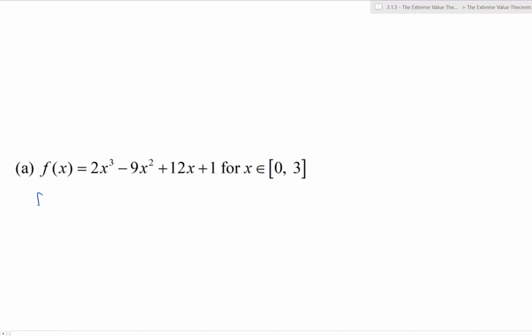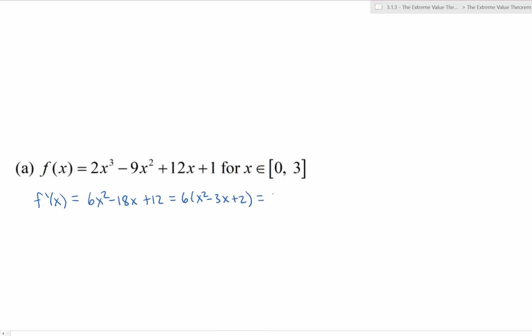Since we're going to have to find the critical points, let's go ahead and just differentiate this function first of all. F prime of x here is 6x squared minus 18x plus 12. And since we're going to figure out where this equals 0, let's go ahead and factor this. That's 6 times x squared minus 3x plus 2.